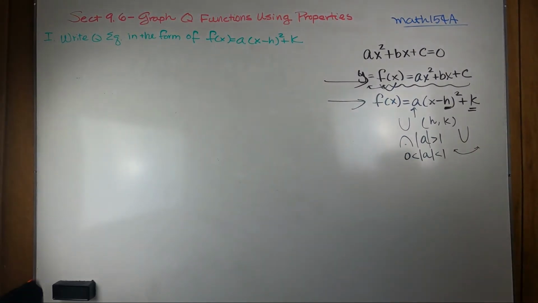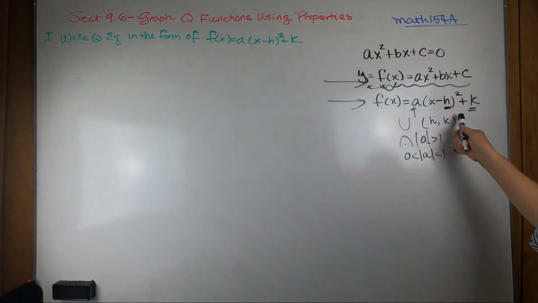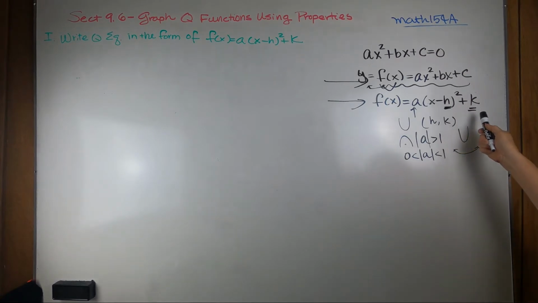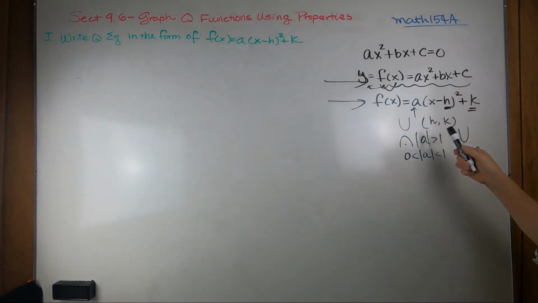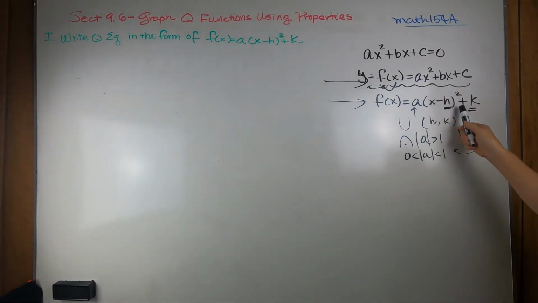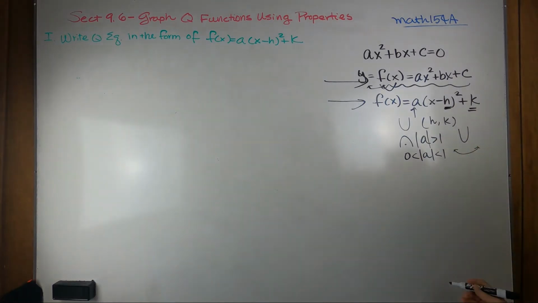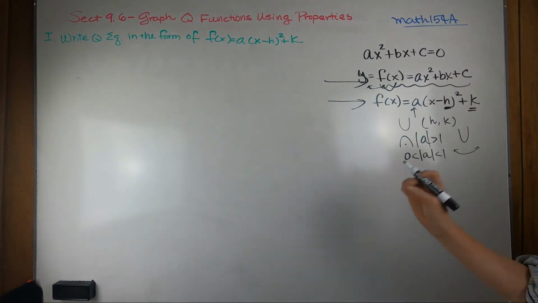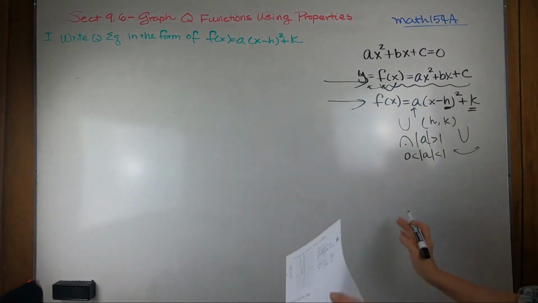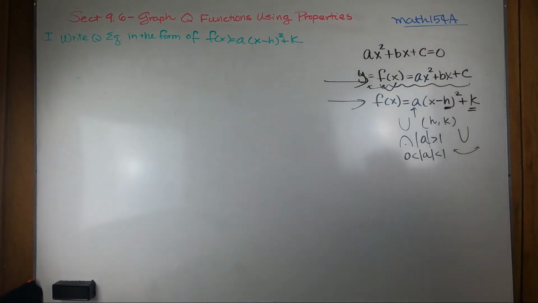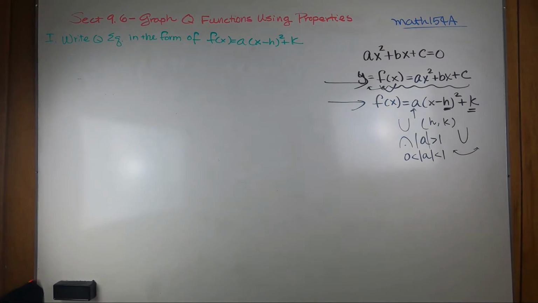So we have two forms for your quadratic functions: one is the standard form, one is the vertex form. Which one gives you more information? The vertex form, because it tells you where the vertex is, so you can graph the middle and then do the two sides symmetrically, right?